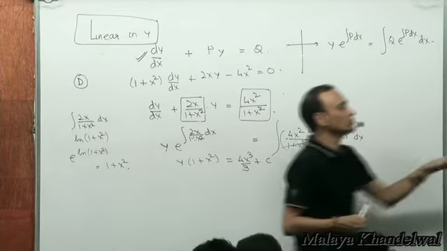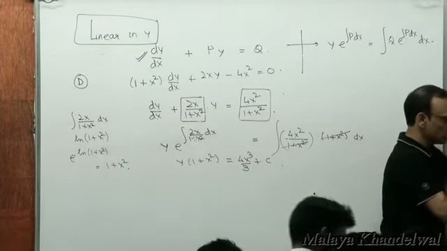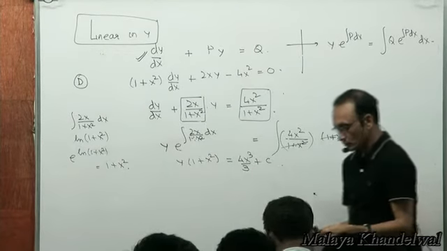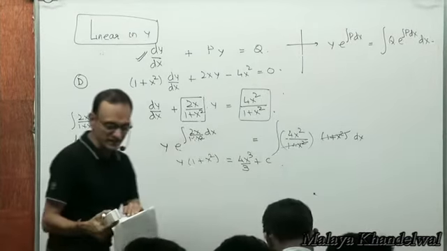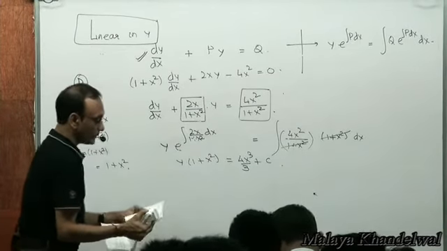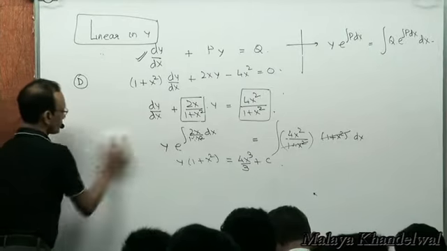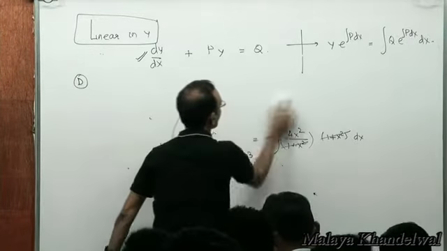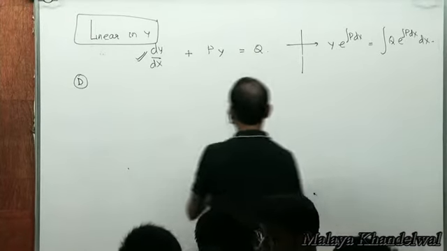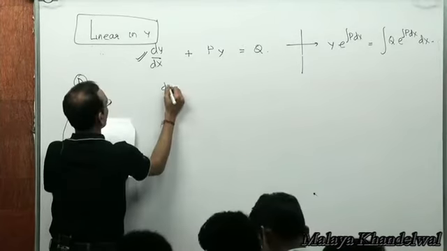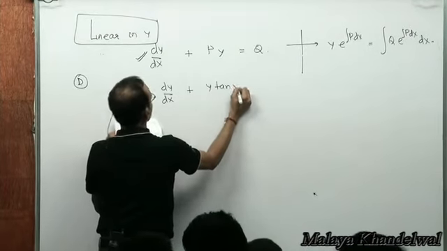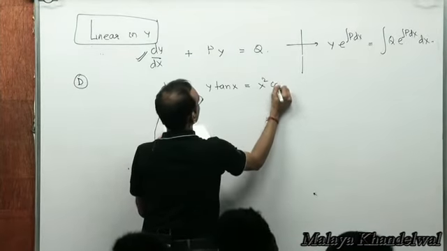Let me solve a couple more. Second one is exactly the same, so let me take some other. Let me look at problem 3. dy/dx + y tan x = x² cos² x.